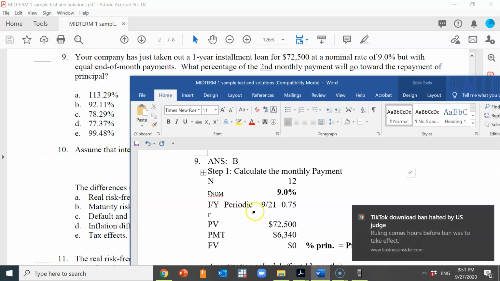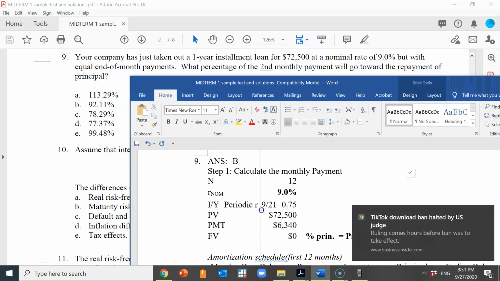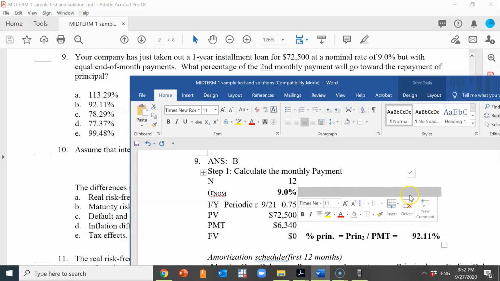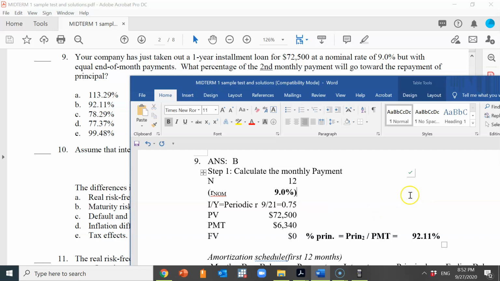You're going to see all the additional solutions in our document later. This is information we have, not the inputs in the calculator, so let me put it in a bracket. Present value is something we're getting today, so it's a positive 72500.